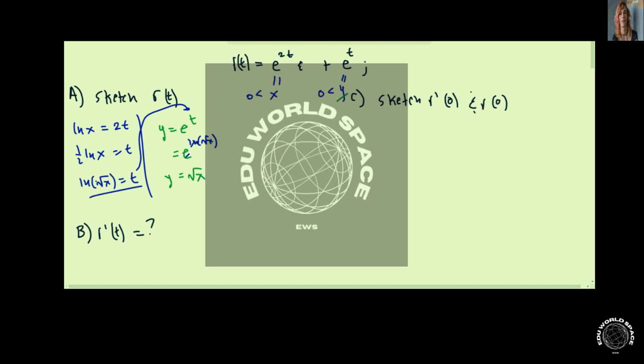Now, this is a lot easier for us to graph than x is equal to e to the 2t and y is equal to e to the t, because we know what a square root function looks like. And one thing we have to keep in mind is that x and y have to be strictly larger than 0, because normally we can plug in x or y equal to 0, but due to what our function was originally, we won't be able to do that here.